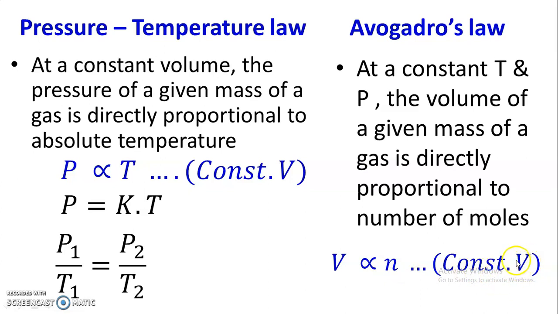In the slide, it says constant temperature and volume, but that is a misprint; it should be constant temperature and pressure. So V is directly proportional to n at a constant temperature and pressure. This is Avogadro's law.